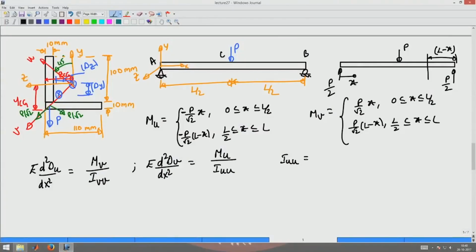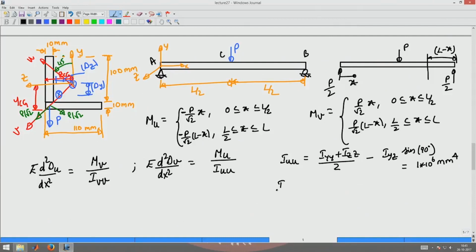So the expression for IUU would become (IYY plus IZZ)/2 minus IYZ into sine 2 phi, which is sine 2 times 45 degrees, so it will be sine 90 degrees, that is 1. Since IYY and IZZ are the same, I didn't have a cos 2 phi term. So now this boils down to 1 into 10 power 6 mm power 4.